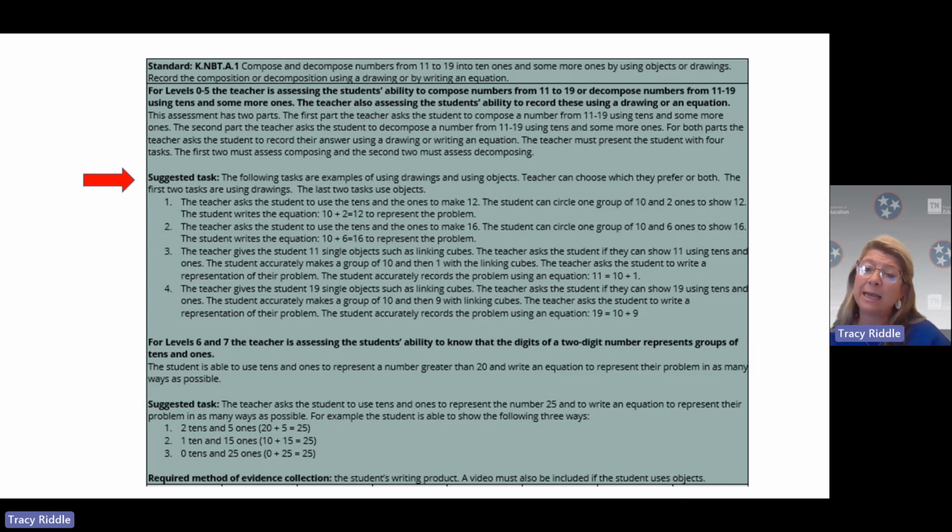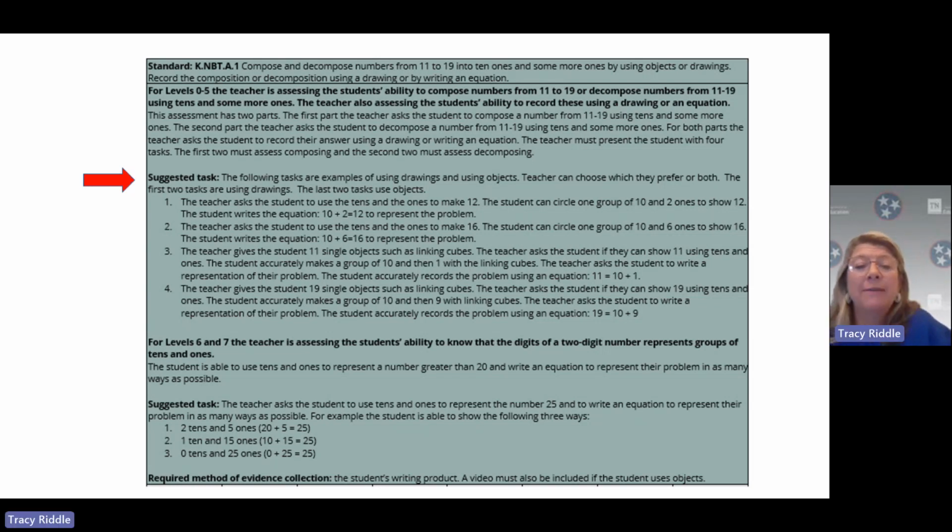So they decompose 11 by making it into a 10 and 1 one. Another example would be to make 19. The student could show 19 is a 10 and 9 ones. Again, writing out that decomposing by writing out 19 equals 10 plus 9.